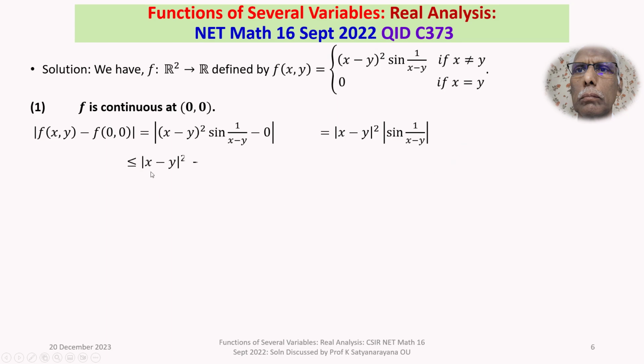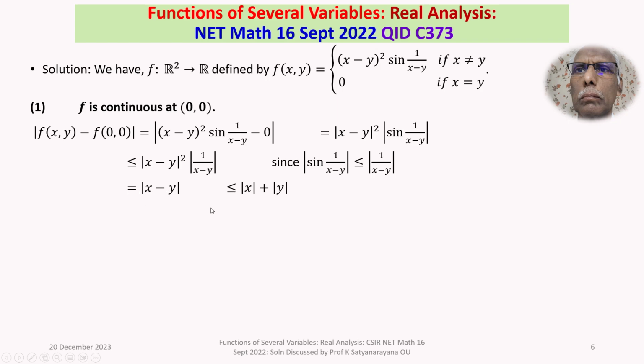This is less than or equal to mod of (x minus y) square multiplied by mod of 1 by (x minus y), because mod of sine of 1 by (x minus y) is less than or equal to mod of 1 by (x minus y). And after cancellation, this is equal to mod of (x minus y).